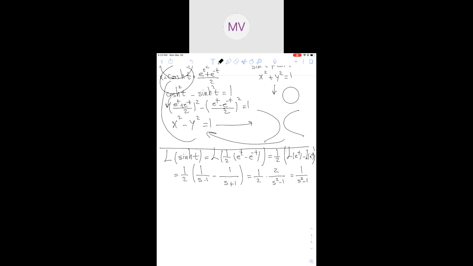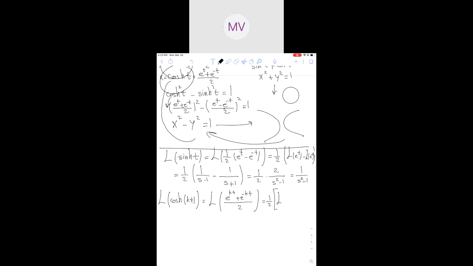All right, now this time I'm going to do the Laplace of cosine hyperbolic. Instead of t in general, let's say it's kt. Okay. All right, let's write down the definition. It's e to the kt plus e to the negative kt divided by 2. Same thing, half is a constant. Okay.